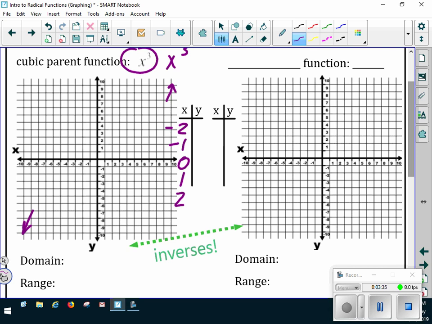What is negative 2 to the third power? Negative 8. Because remember, a negative times a negative times a negative is a negative. So that's negative 8. What's this one? Negative 1, 0, 1, 8. Go ahead and plot those 5 points.